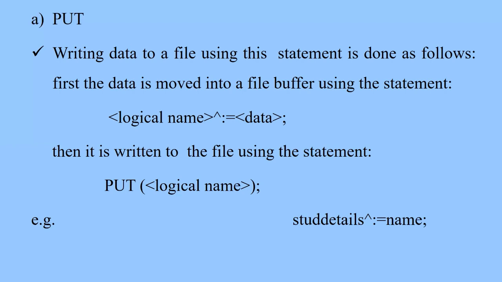In other words, this is like initializing student details with the memory location address being pointed to by the pointer that we are calling student details. Then we have put student details.